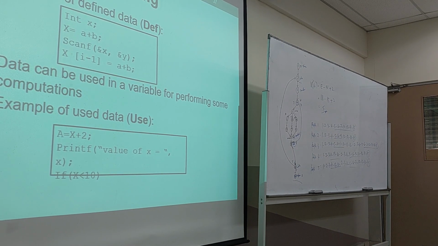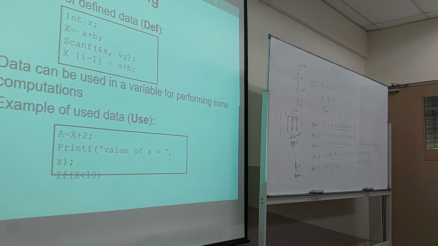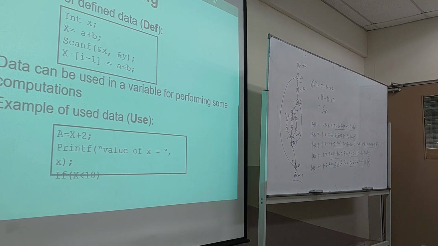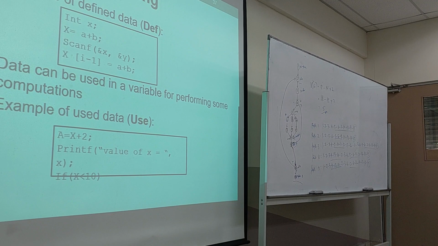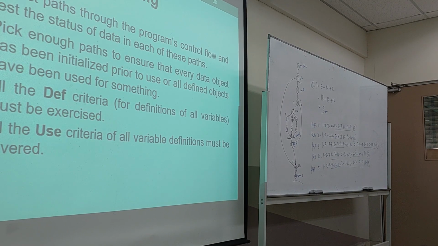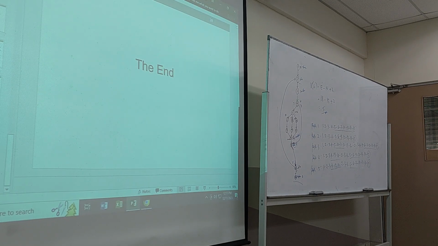We identify the parts part by part, and if there is any issue regarding the declaration or the way we use the data, we can identify it. So all this is part of the white box testing. Okay, that's it for your white box testing.